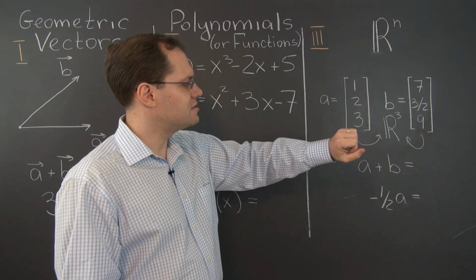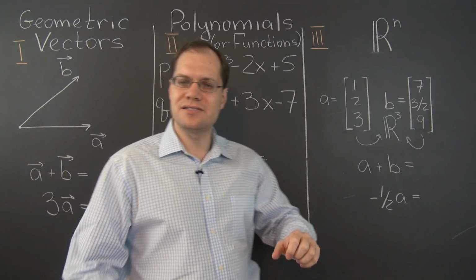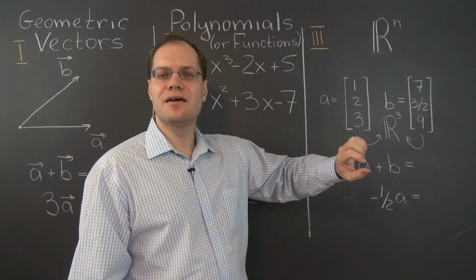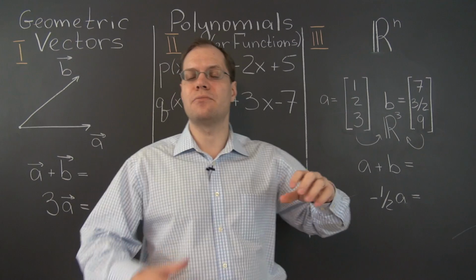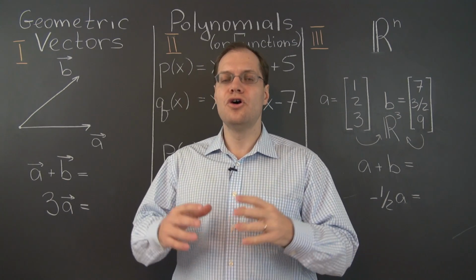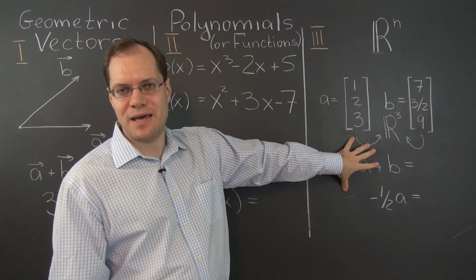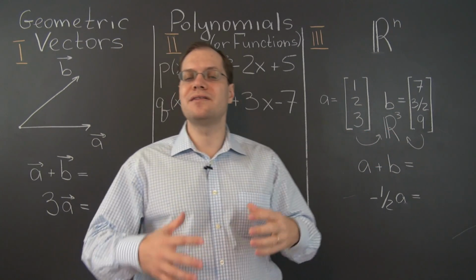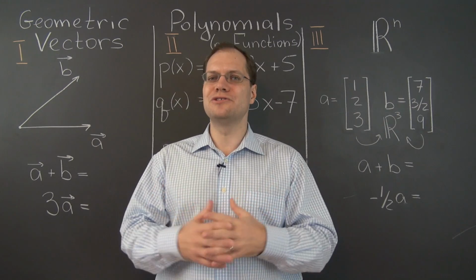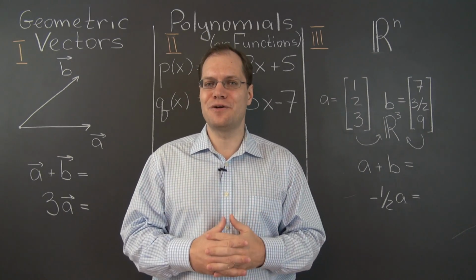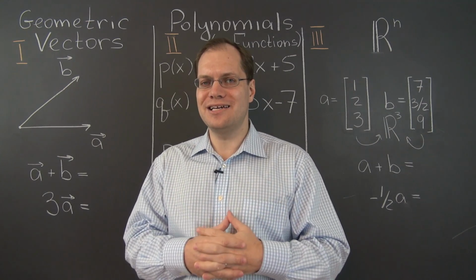So yes, it's the most abstract, but in some very real sense, it's the most useful space that one can study. In fact, most linear algebra courses focus almost exclusively on this space. And that's a perfectly legitimate way to approach linear algebra. It's just that I happen to like a slightly different approach, and I think that you will like it too.